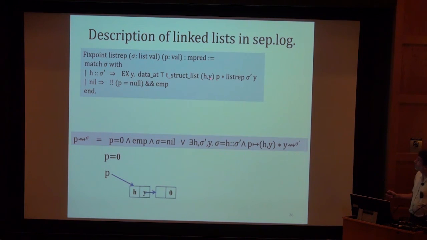And this argument has a type that depends on this value. So we're using dependent types. That's all right. Coq has dependent types. Now, and finally, P is the address at which this thing sits. So fine, that's this, separated from Y is a linked list representing sigma prime.